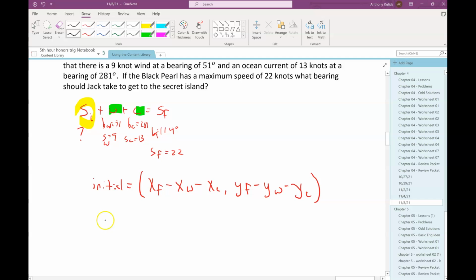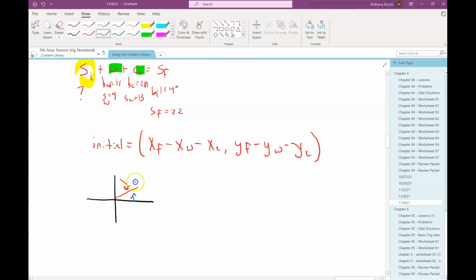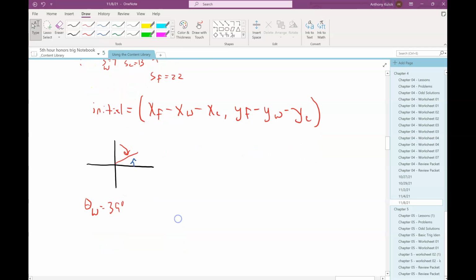So for the wind, 51 degrees. So my theta there is going to be 90 minus 51, so 39 degrees. So XW is 9 cosine 39. And my YW is 9 sine 39.